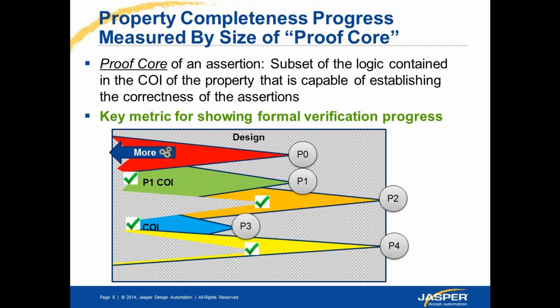The tool will find you a counterexample for that particular bug. So what does this tell you? Observability. Any point or any portion of RTL in that cone is observable by one or more assertions in your design. So proof core metrics can be used to answer the questions of property completeness and observability of different portions of your RTL vis-a-vis the assertions you have specified.